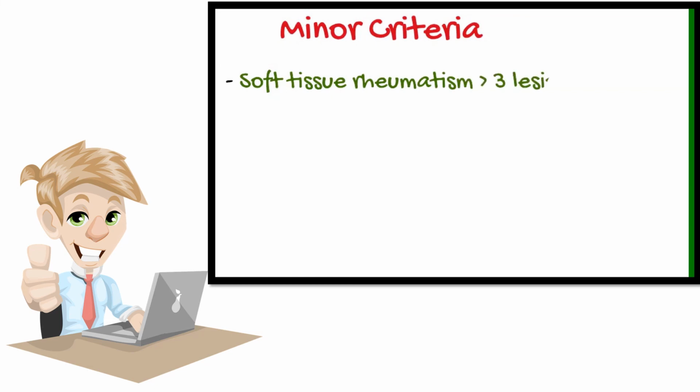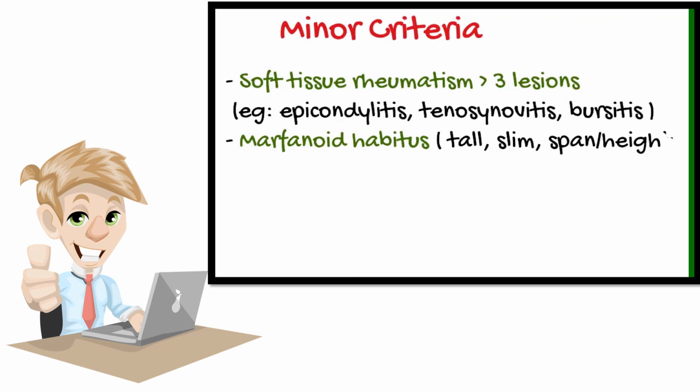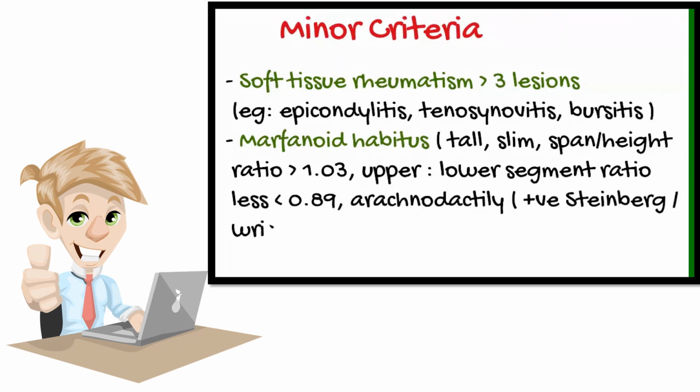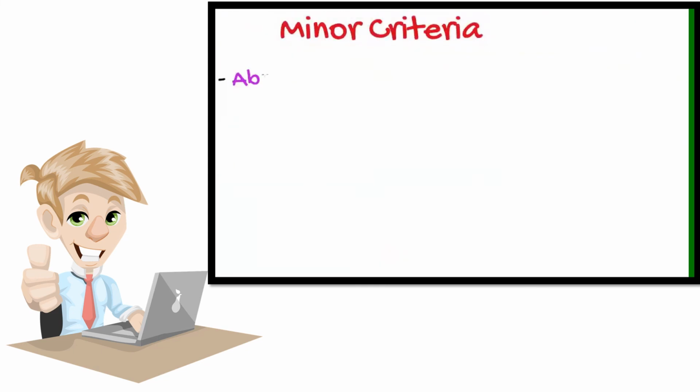Another minor criteria include soft tissue rheumatism, more than 3 lesions, example, epicondylitis, tenosynovitis, bursitis. Patient also might have a Marfanoid habitus, whereby patient is tall, slim, the span to height ratio is more than 1.03, the upper to lower segment ratio is less than 0.89, there is arachnodactyly, whereby there is a positive Steinberg or Walker sign.